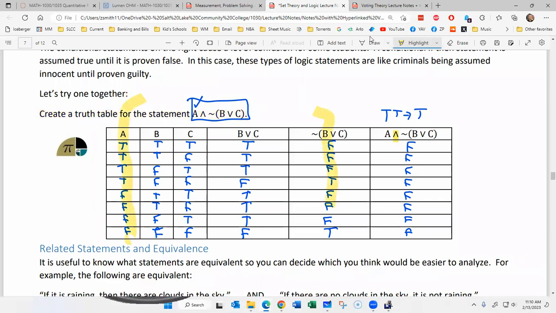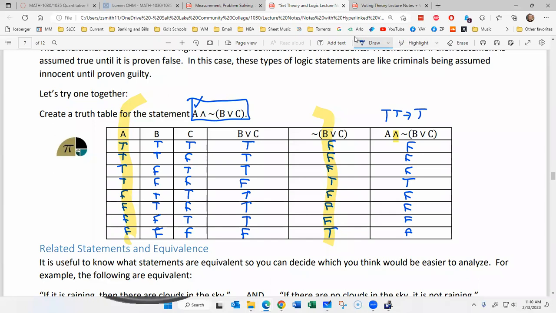We're looking for a true, true. There's a true, true. That one's a true. We've got to change that one. That's the only one that was a true, true, the only one that changed from all falses. And we've created a truth table.